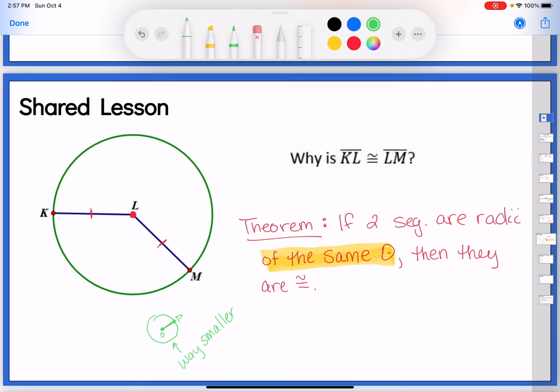Now, you're probably wondering, when we're using our if-then form, whatever's in our if part, we have to say in a statement. Well, this says if two segments are radii. Now, if I look at that picture, can I tell that those two segments are radii? I absolutely can. If a segment looks like it's starting at the point L and ending at the point M, then it is, right? That's something I can assume from the diagram.